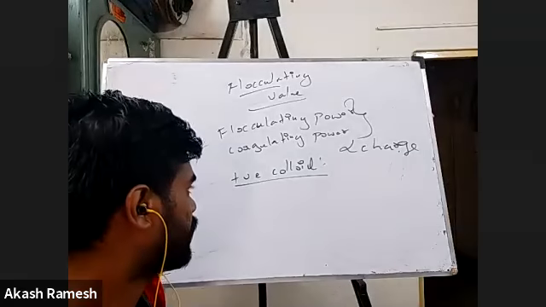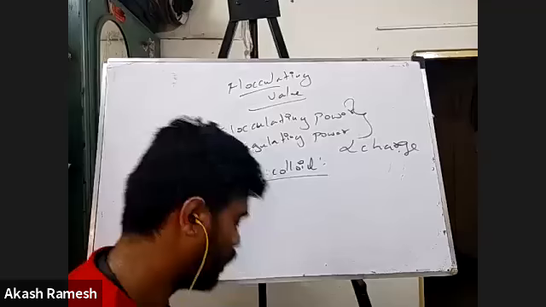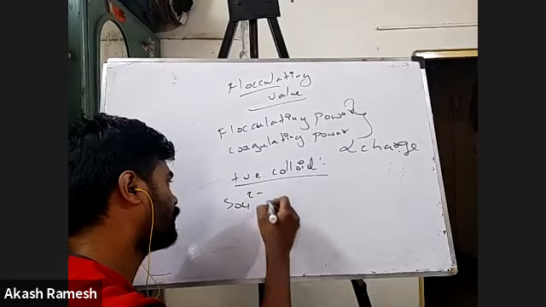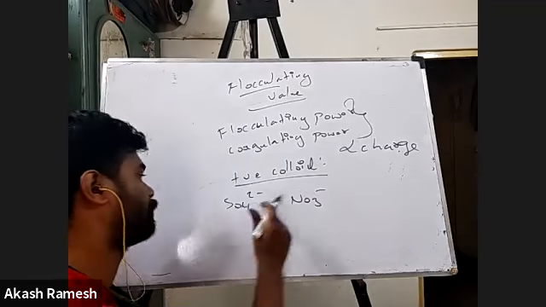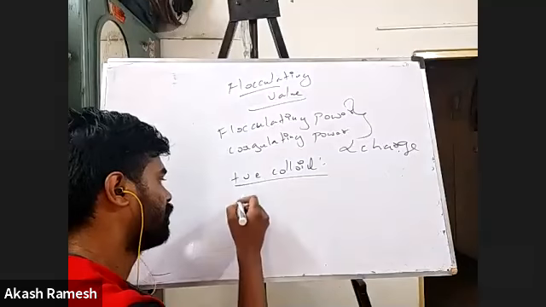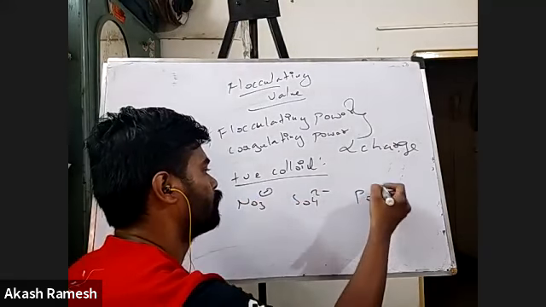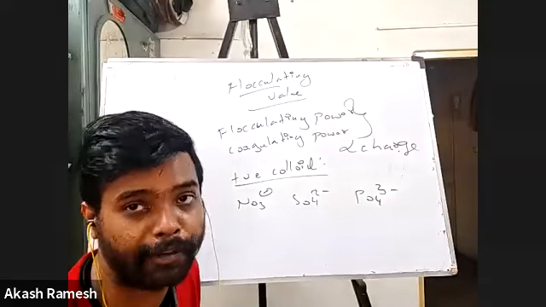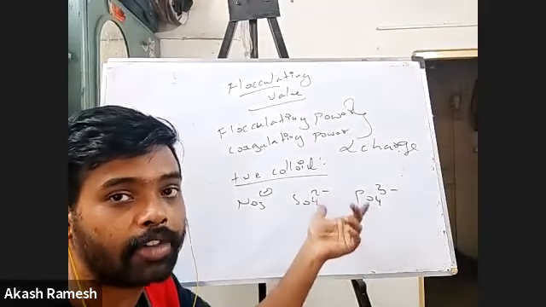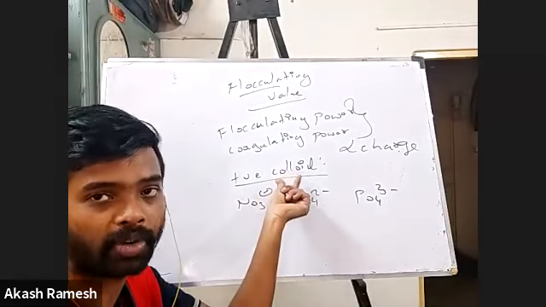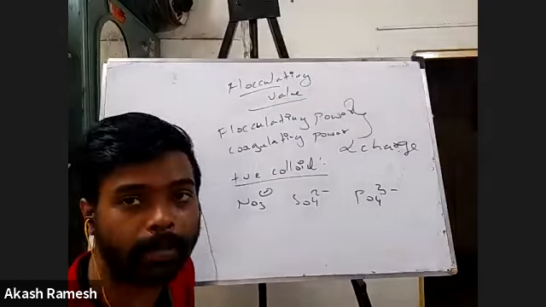Say for example, if it's a positive colloid, I have NO3 minus, SO4 2 minus, PO4 3 minus. These are different anions which will be able to coagulate the positive colloid.